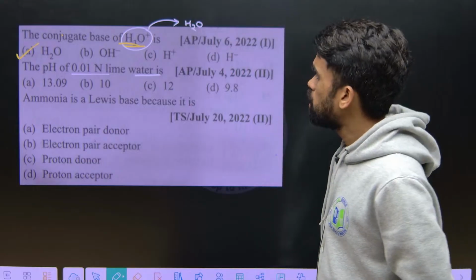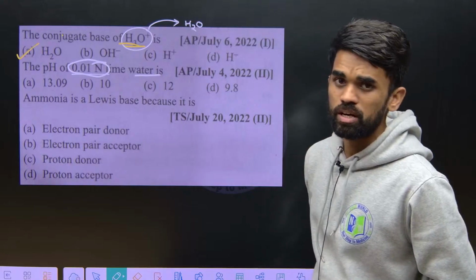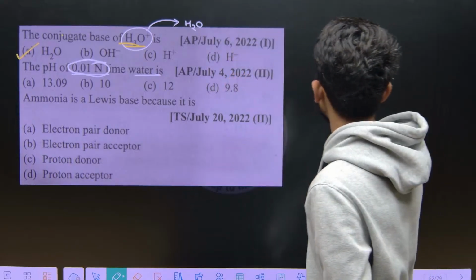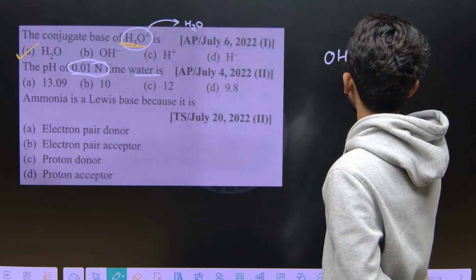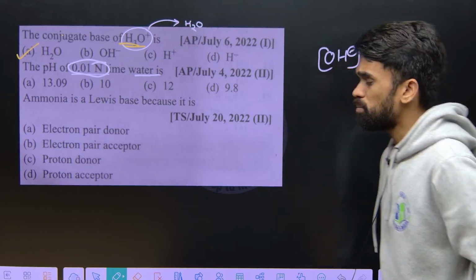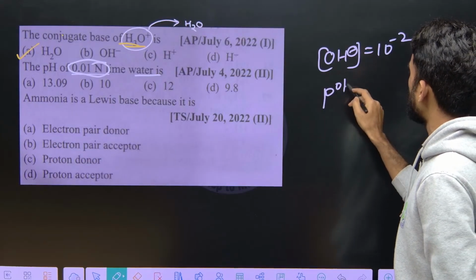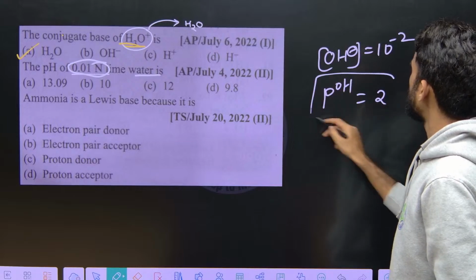Therefore this 0.01 normal that is mentioned is the concentration of OH minus ion. That is 10 power minus 2. Then apply minus log on both sides, and you get pOH equals 2.